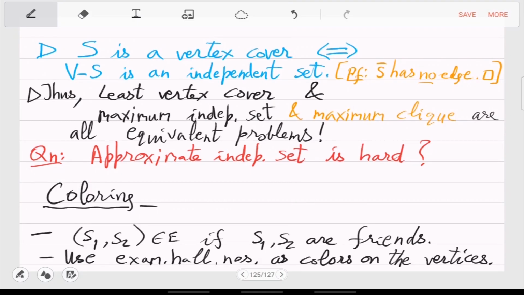So now we want to study this as a fundamental graph property: given a graph, what is the minimum number of colors that it needs?